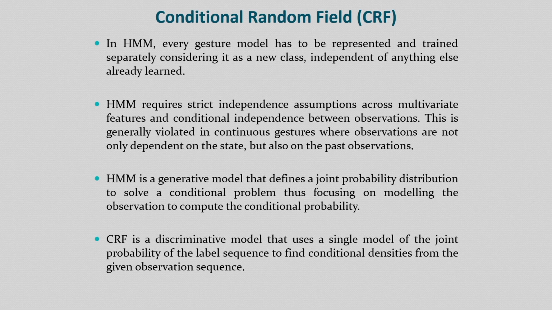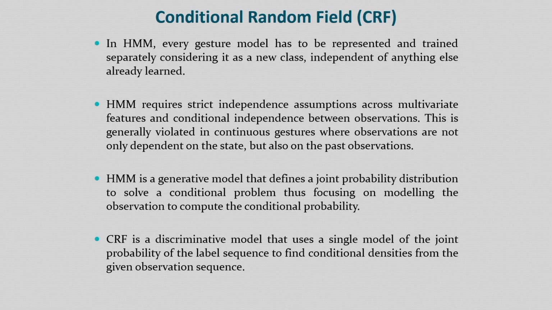And this HMM cannot recognize the gestures or the things outside the model, because already I have explained. First we have to form the model, we have to train the model by using the Baum-Welch algorithm, and after this we can recognize, but it cannot recognize things or gestures outside the model.